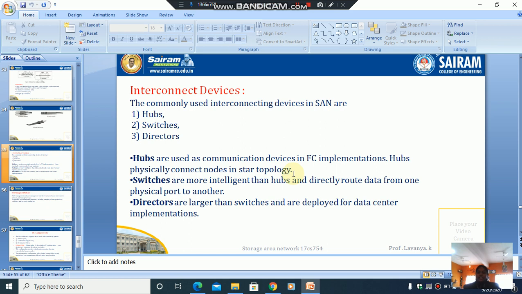Then what are directors? Directors are the third interconnecting device.